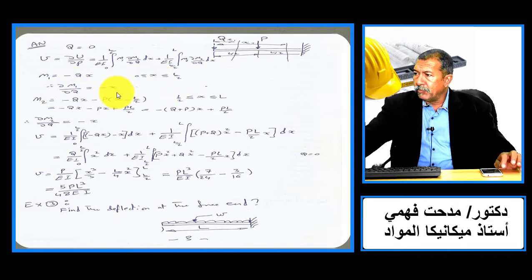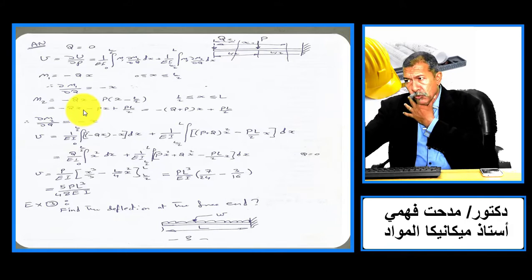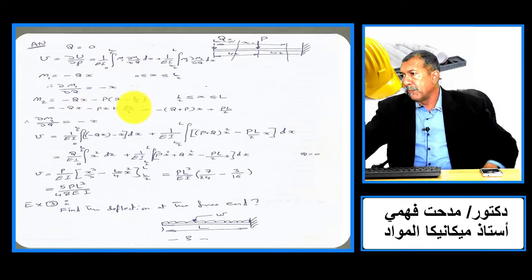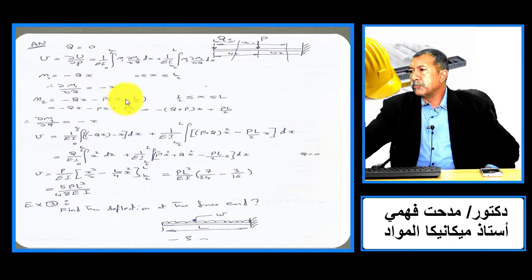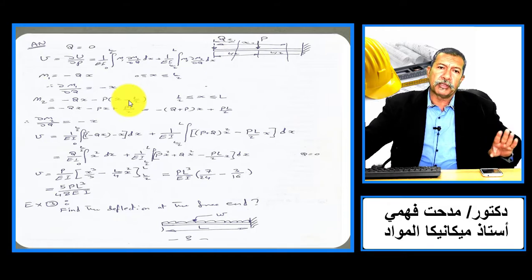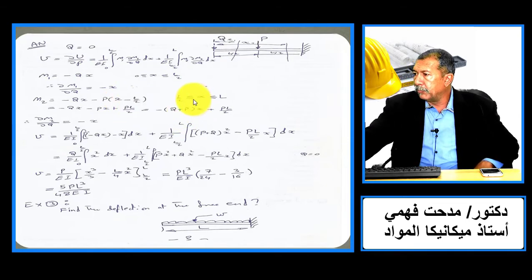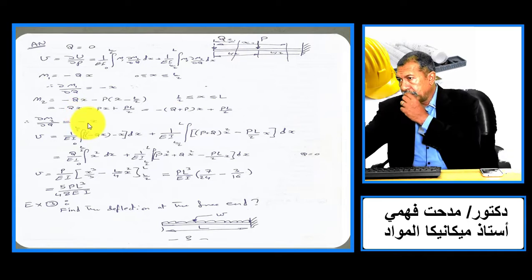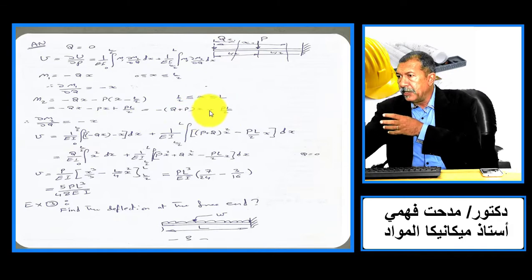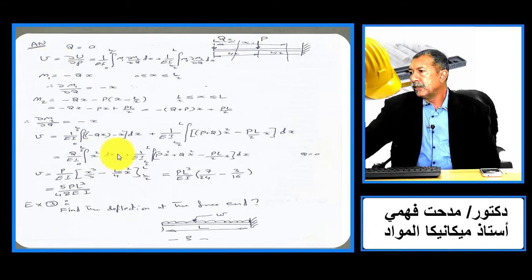We also get partial M1 by partial Q equal to minus X. We get the moment in the second section, which is minus QX also because it is exerted from the top, minus B multiplied by the distance. We are talking about a moment because a moment is a force multiplied by distance, so it becomes x minus L divided by 2, and here x is limited between L over 2 and L. If we rearrange this equation, partial M2 by partial Q equals minus x. Let us substitute all this into the first equation of V to get a new equation.